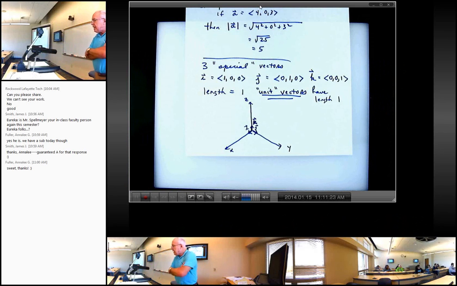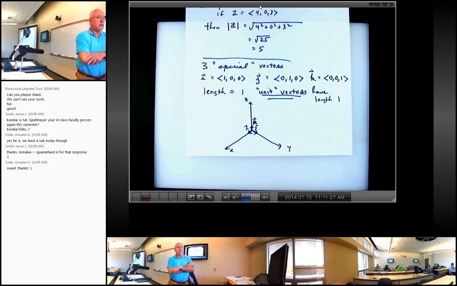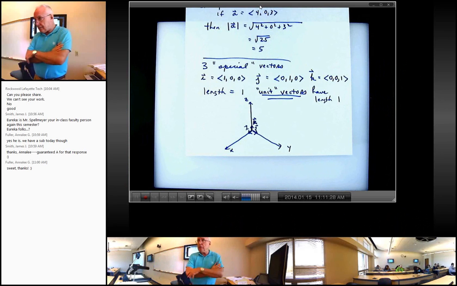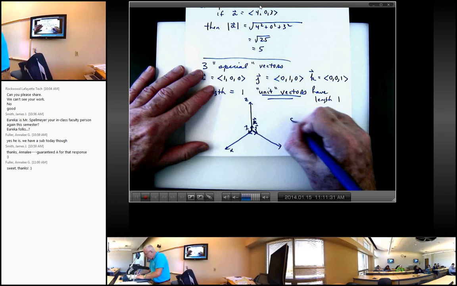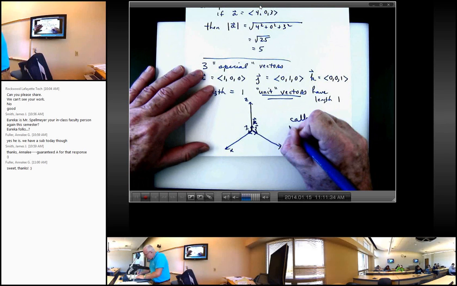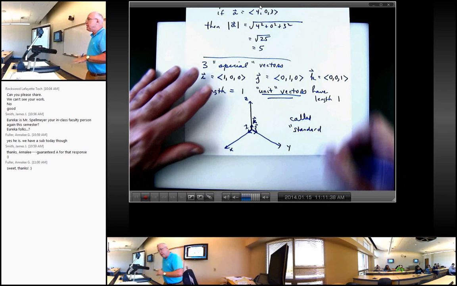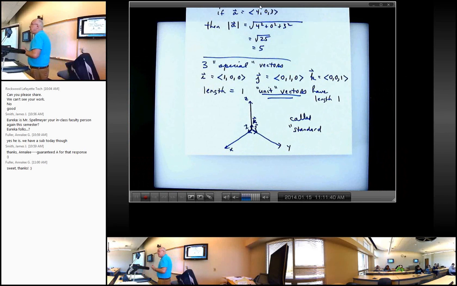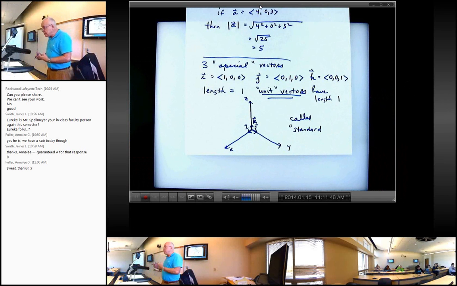They have a name other than special vectors. These are actually called standard basis vectors. Basis because there's a connection into the field of linear algebra, which we don't talk about here really, but where we talk about bases in a vector space.